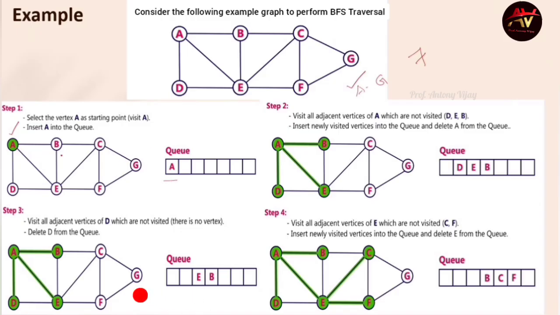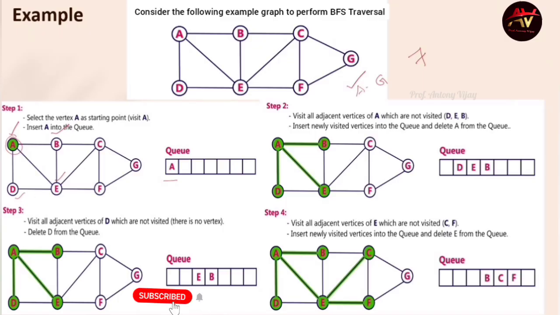In the next step, we find the adjacent vertices of A. The adjacent vertices for A are B, E and D. Adjacent means whatever vertices are directly connected with the particular vertex. So we have to insert B, E, D directly.